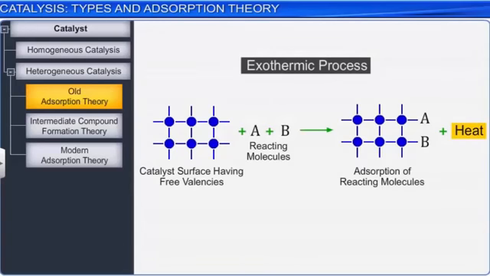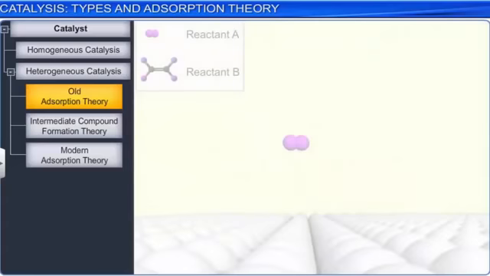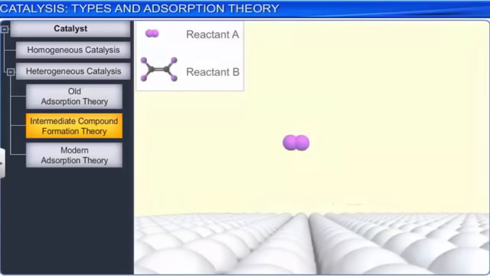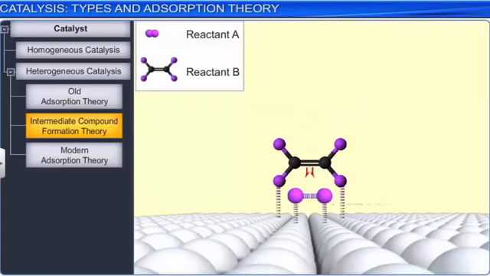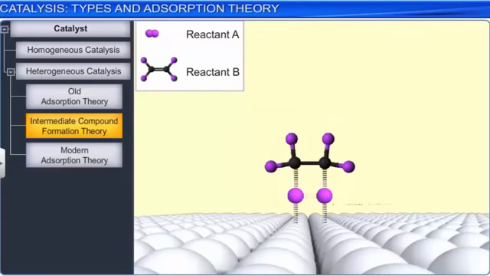Let us now discuss the second theory of heterogeneous catalysis, the intermediate compound formation theory. According to the intermediate compound formation theory, the reactants A and B first combine with the catalyst C to form an intermediate complex.